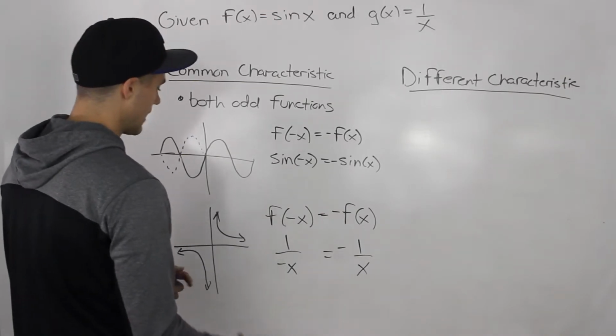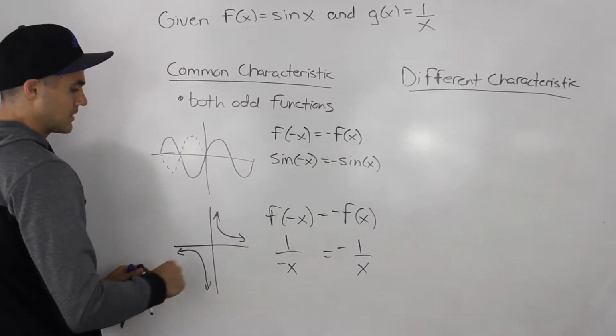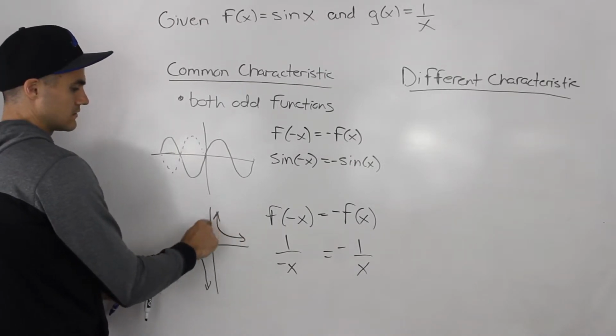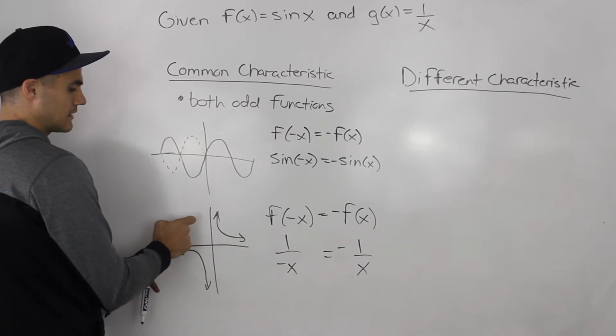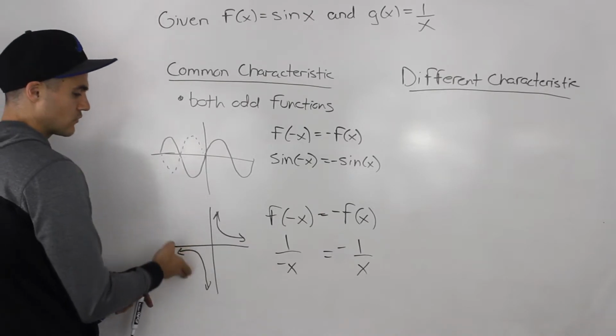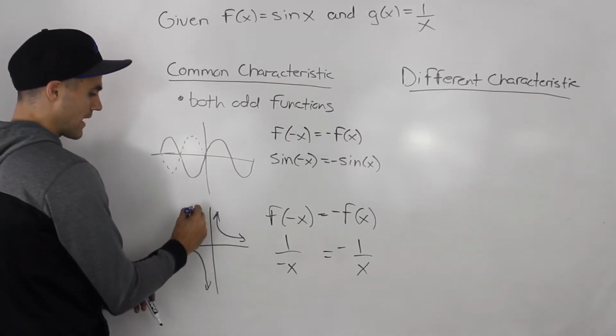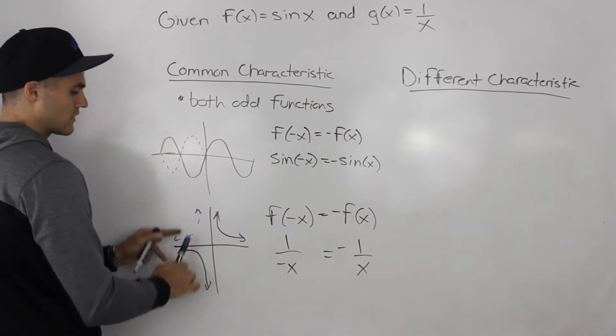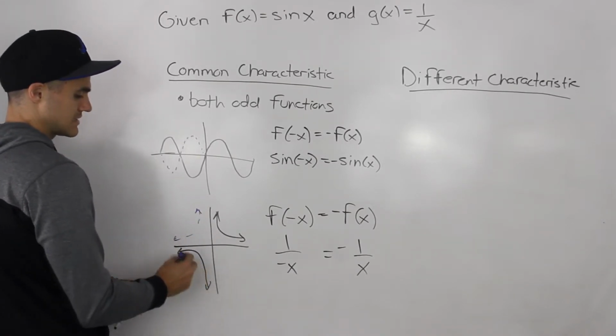And then graphically, what can happen is if you take this right side of the graph, reflect it in the y-axis, and then reflect it over the x-axis. So if we reflect it over the y-axis, we would end up with this. And then if you reflect it over the x-axis, you would end up with this. And then same thing with this one.